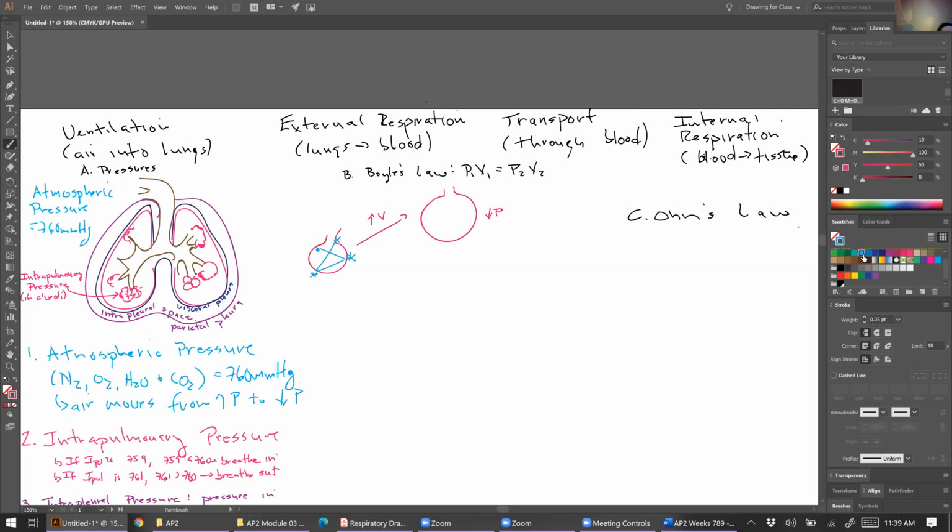And that is because now this little molecule, in the same amount of time, doesn't hit the wall as often. So if it doesn't hit the wall as often, then it doesn't cause pressure, and so pressure goes down. And so if you increase the volume of the alveolus, it decreases pressure. So what this means is, increased volume equals decreased pressure.